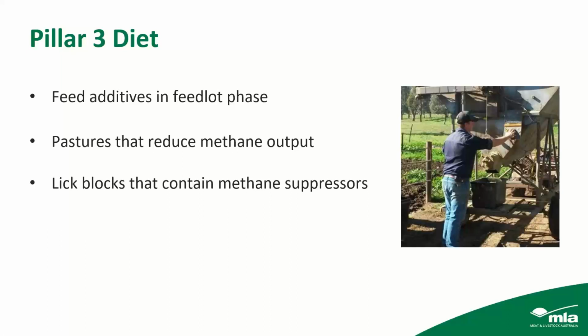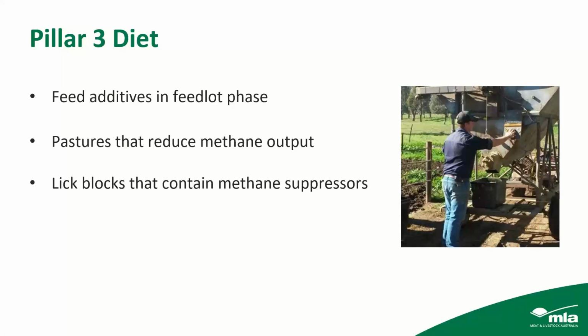There's a lot of research going on about different types of pastures that may be able to not only boost production, is what's traditionally talked about, but also have, through the levels of tannin in those grasses, the ability to actually reduce the amount of methane that we're producing.